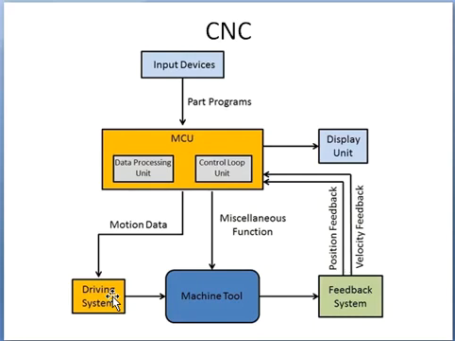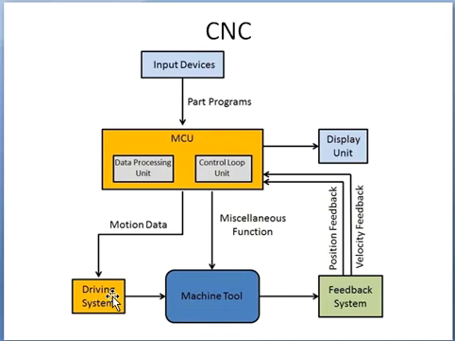PLCs are now available with increased functions, more memory, and large input-output capabilities. Other peripheral devices include sensor interface, provision for communication, communicating equipment, programming units, printers, tape readers, etc.